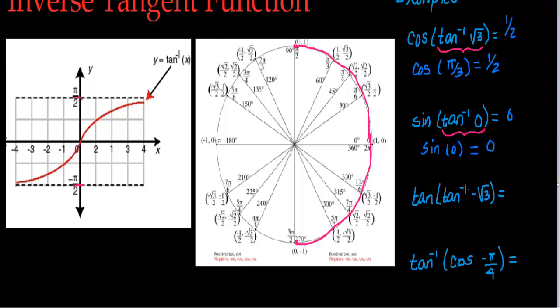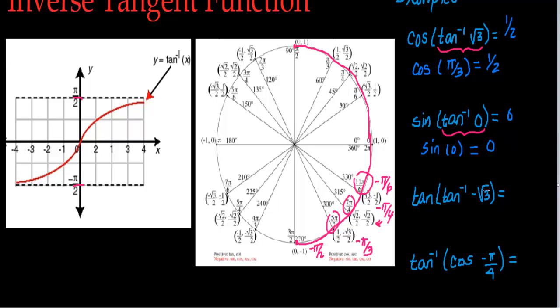We're looking for tangent of tangent inverse of negative square root of 3. The same thing as the first example, except now this is negative. So that would place me in the fourth quadrant. And remember that we're not going to use these values. We're going to use the equivalent, which is negative pi sixths, negative pi fourths for this one, and negative pi thirds, and negative pi halves.